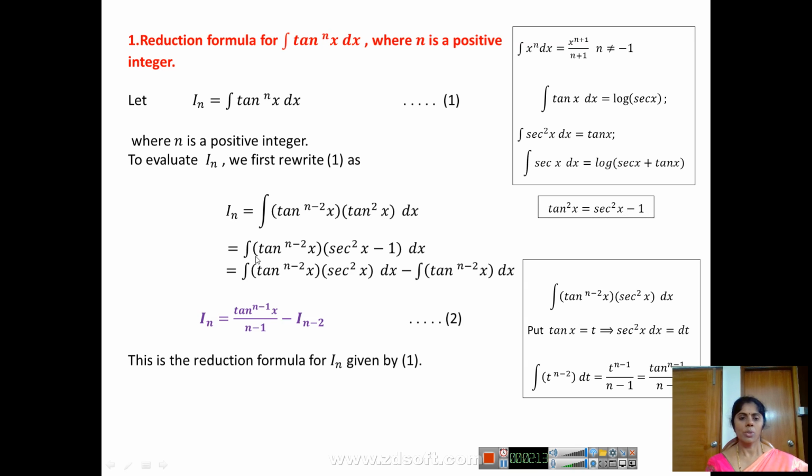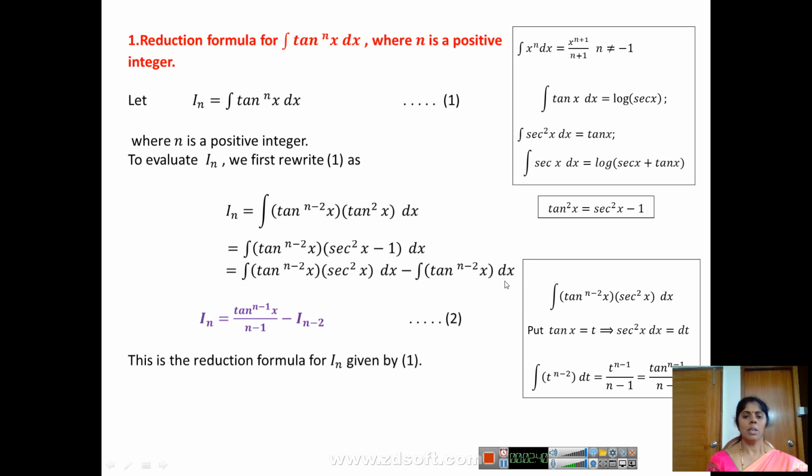So integral of tan to the power n minus 2 of x into secant square of x minus 1 dx. Multiplying these, that is integral tan to the power n minus 2 of x into secant square of x dx minus integral tan to the power n minus 2 of x into 1 into dx.